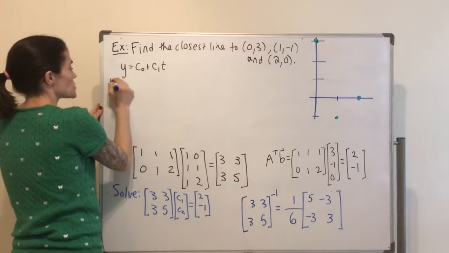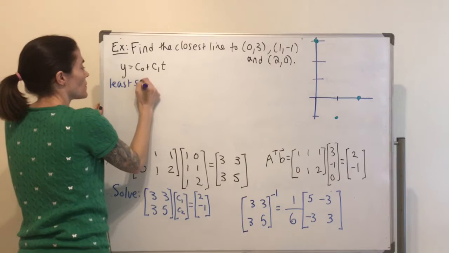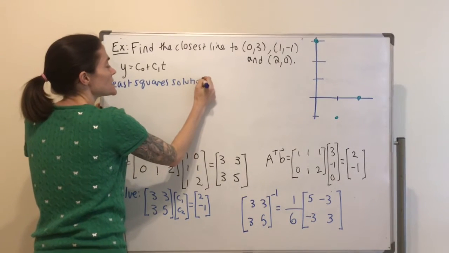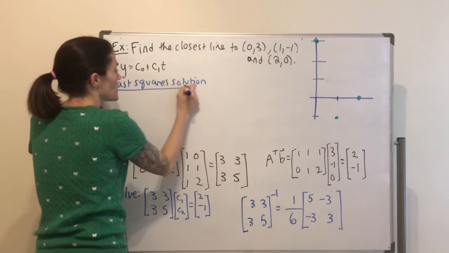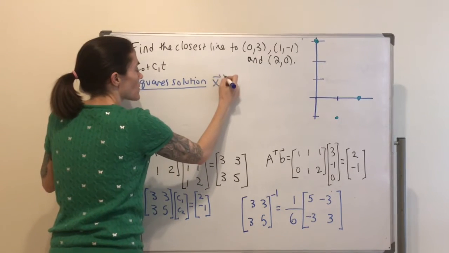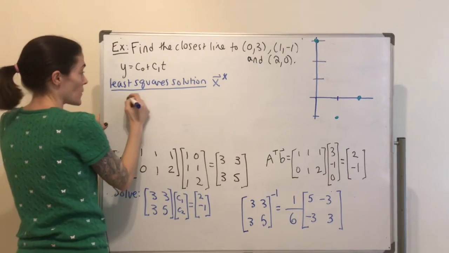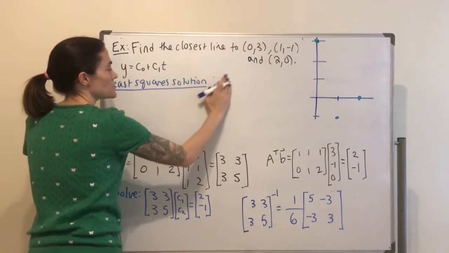The least squares solution, although I haven't justified that yet, this x star, well, we can solve for it. Maybe I should do that here.